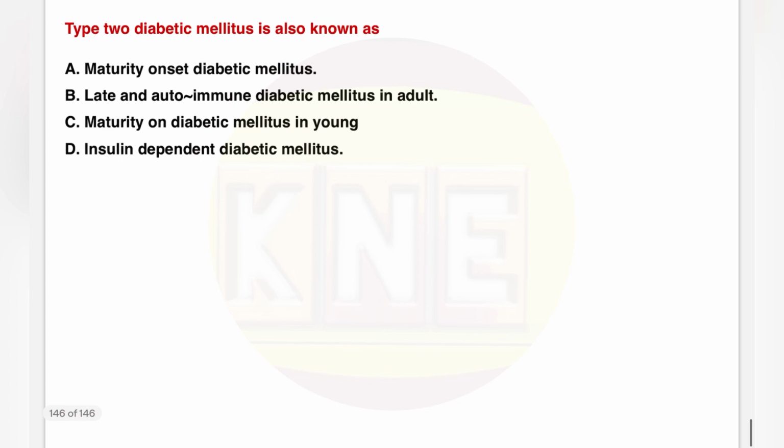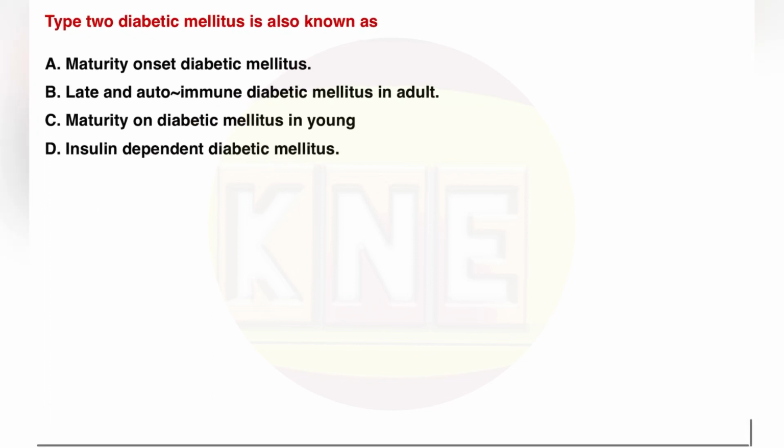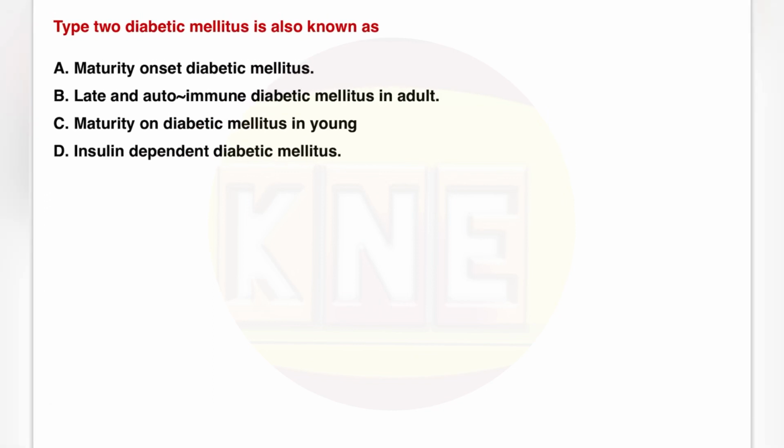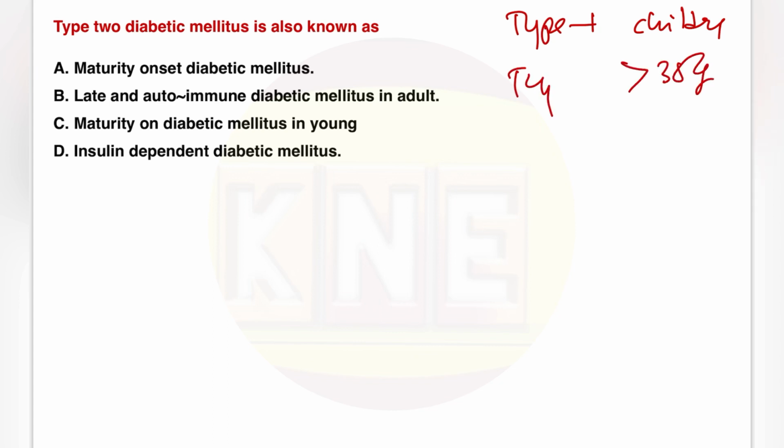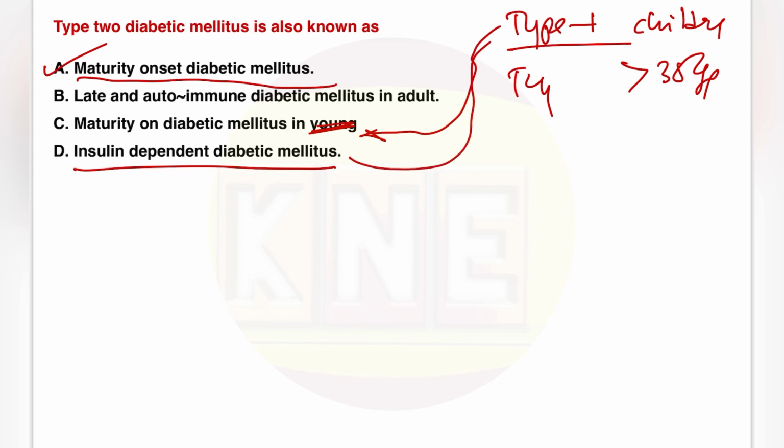Okay, next, type 2 diabetic mellitus. Type 2 diabetic mellitus is also known as not in the type 1, it is in the children. Type 2 it is more than 35 years of age. So that it will be said as maturity onset diabetic mellitus, not in young. Young is present in type 1. Okay, so this is the type 1. Insulin dependent diabetic mellitus is also type 1.